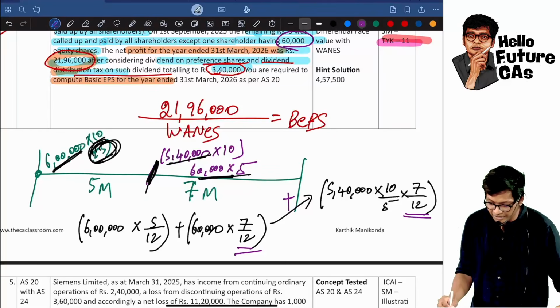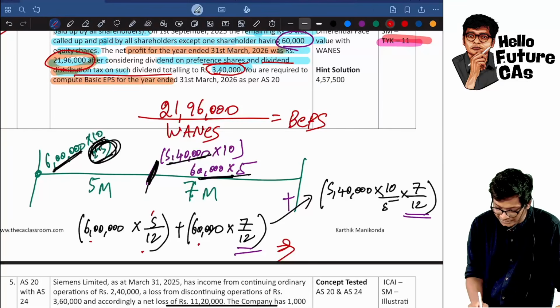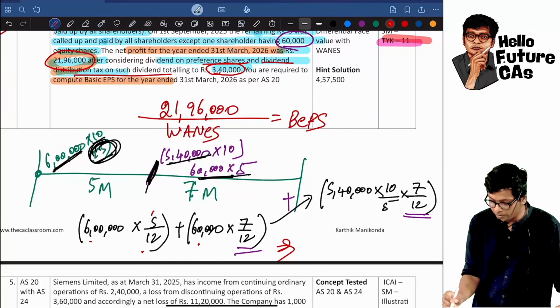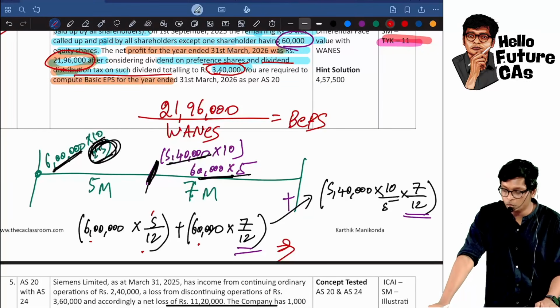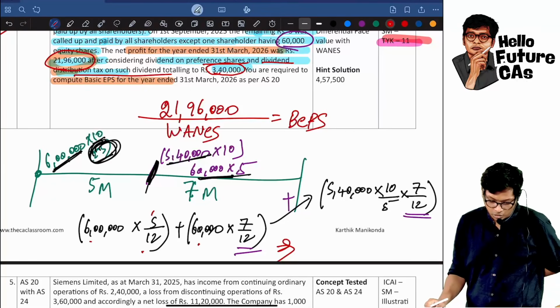What is the answer you are getting for this? Quickly check. 6 lakhs into 5 by 12 plus 60 into 7 by 12 plus 5 lakh 40 into 10 by 5 into 7 by 12. Not sure if it's correct, but let's check the answer. How much are you getting?